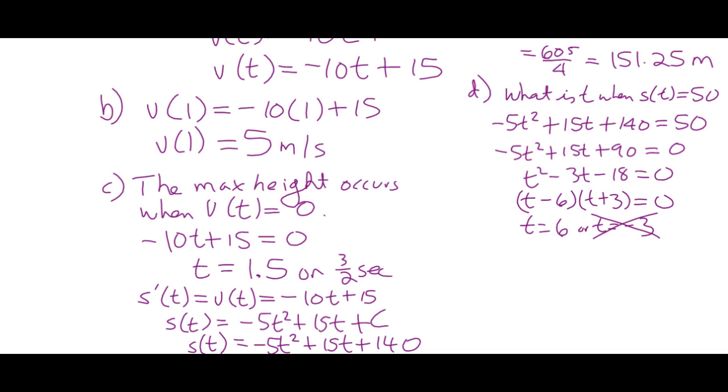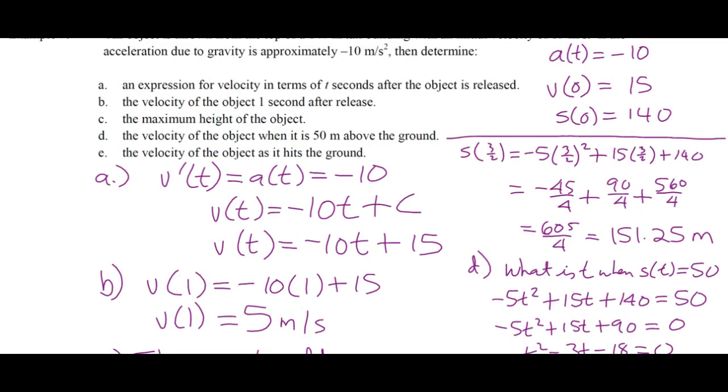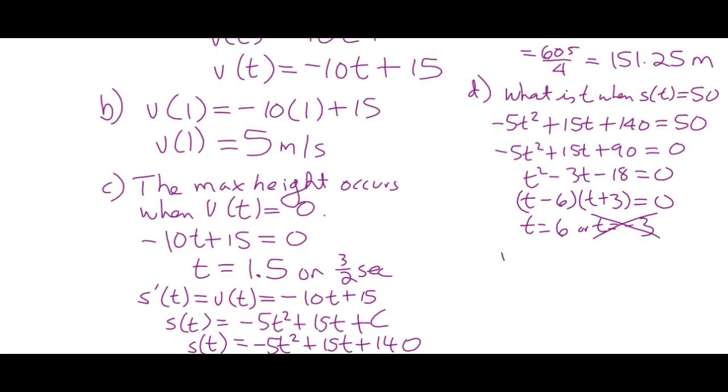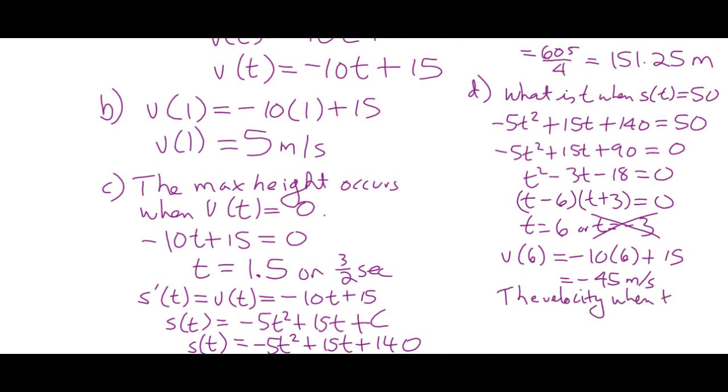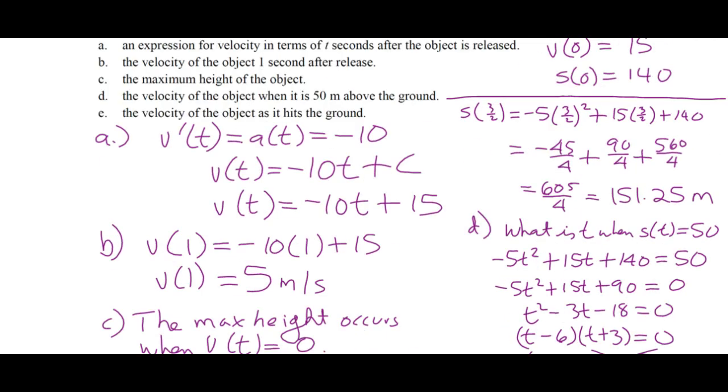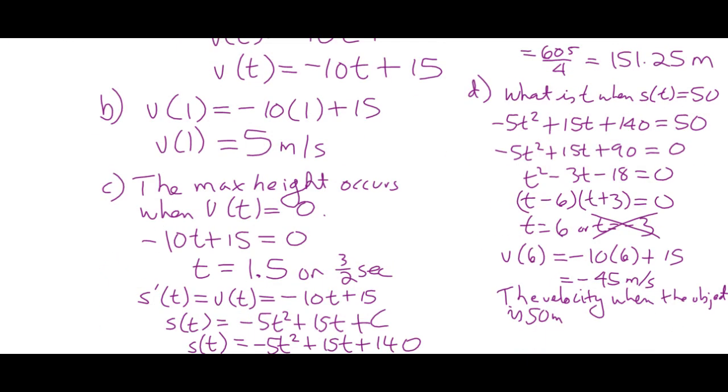We wanted the velocity. So v of 6 is the velocity of the object when it's 50 meters above the ground.